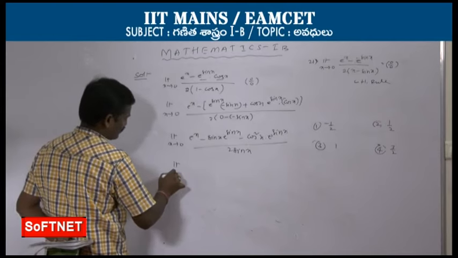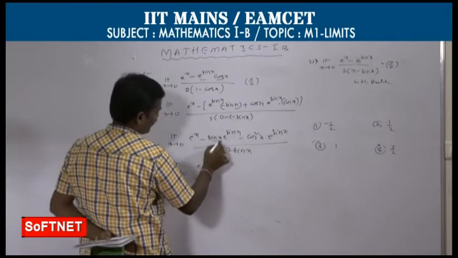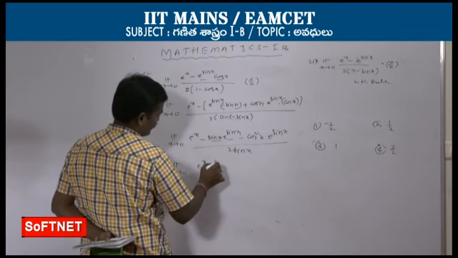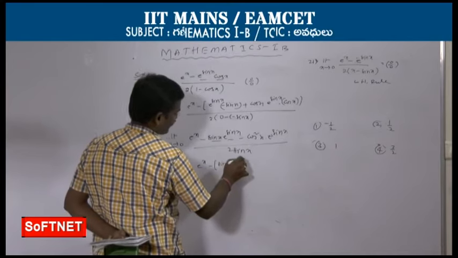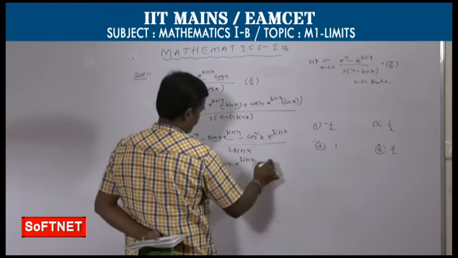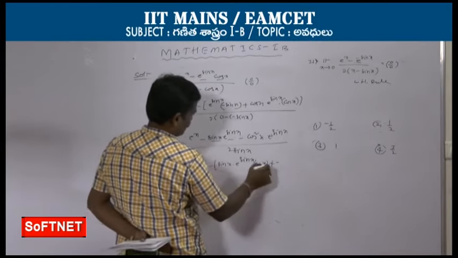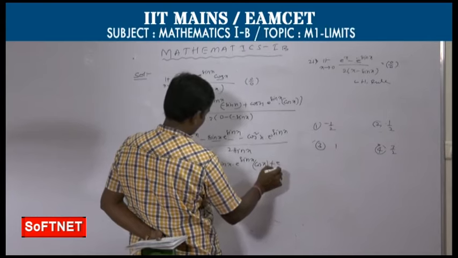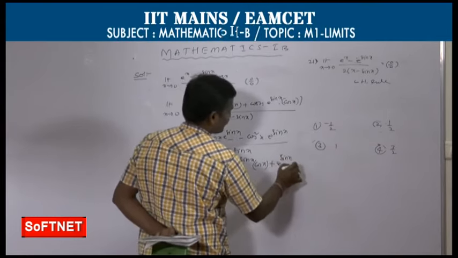So again go for the next derivative, the third order. The derivative of e^x is e^x. Again the uv rule: minus, common, sin x into the derivative of e^(sin x), which is e^(sin x) times cos x, plus e^(sin x) as it is into the derivative of sin x, which is cos x.